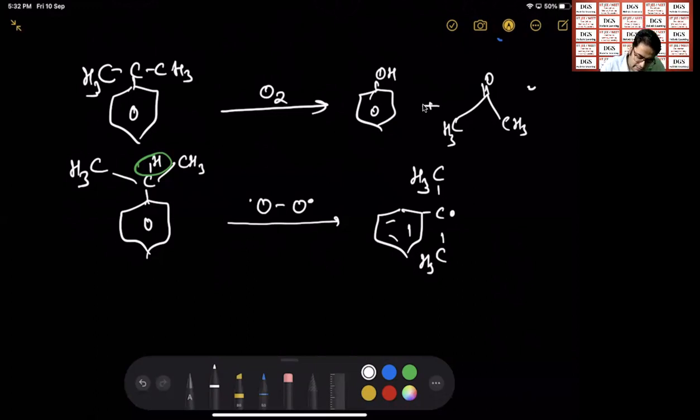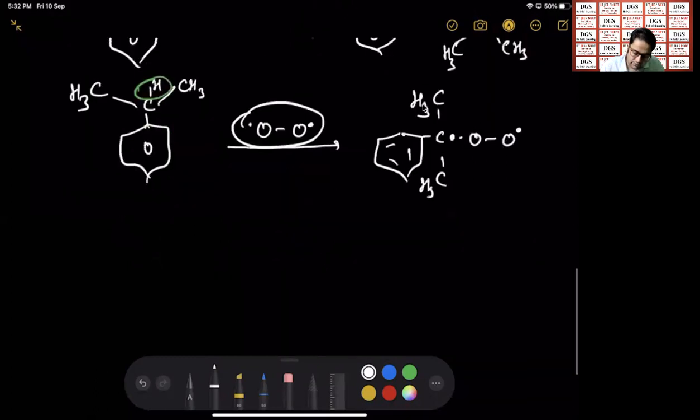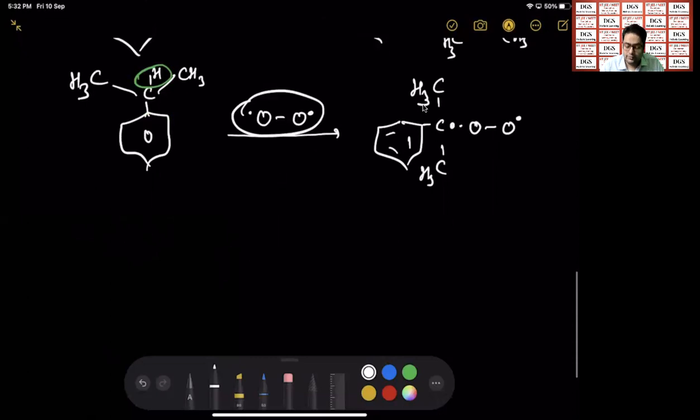And then it's pretty easy, this oxygen forms a bond with this. Fine, my dear students. So it's very easy to understand this concept, and we'll get this. And finally, this oxygen will acquire one hydrogen from the acidic hydrogens which are available, meaning the hydrogen from another cumene, because we have so many cumene molecules.